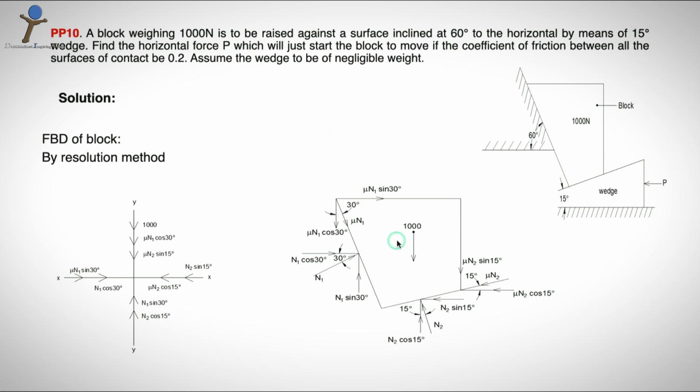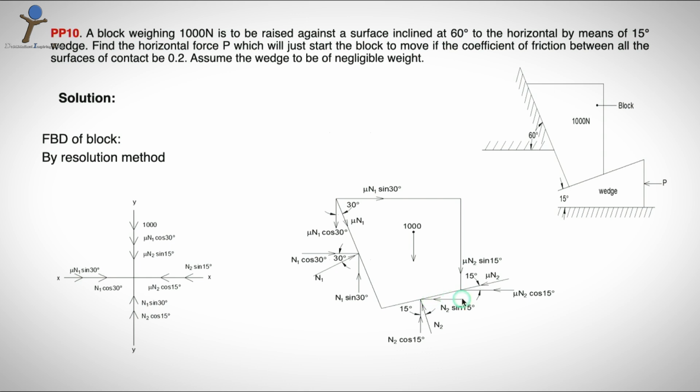Now coming to the contact surface of the block and the wedge, this portion. In this portion, the wedge creates a reaction force onto the block that is termed as N2. So your N2, which is the reaction developed by the wedge onto the block, perpendicular to the contact surface, is represented in this direction, N2.